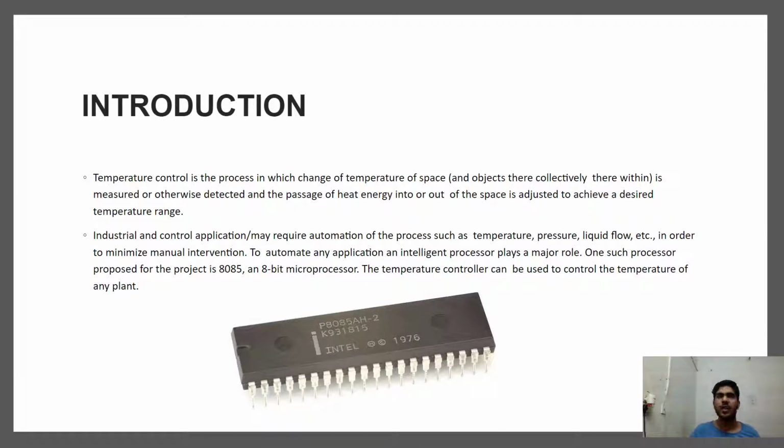If it is different, it then analyzes whether we require heat to be taken into the system or taken out of the system, and after all these logical steps, it sends its output signal to the heating element attached to the surroundings, and gives its instruction to the heating element to do the necessary steps in order to bring the temperature to the desired level. So the problem we are solving here is automated temperature control using the microprocessor.